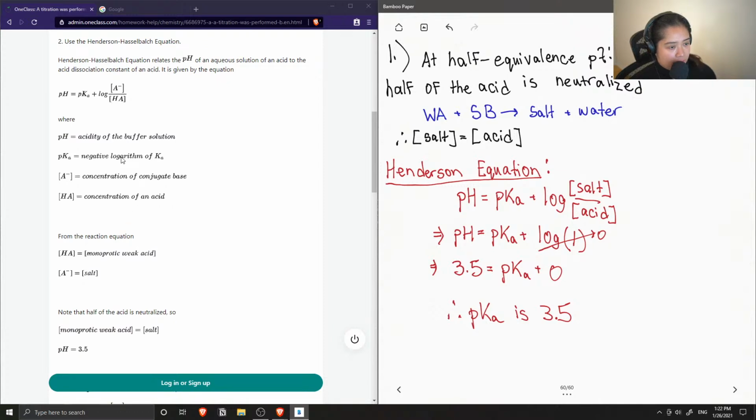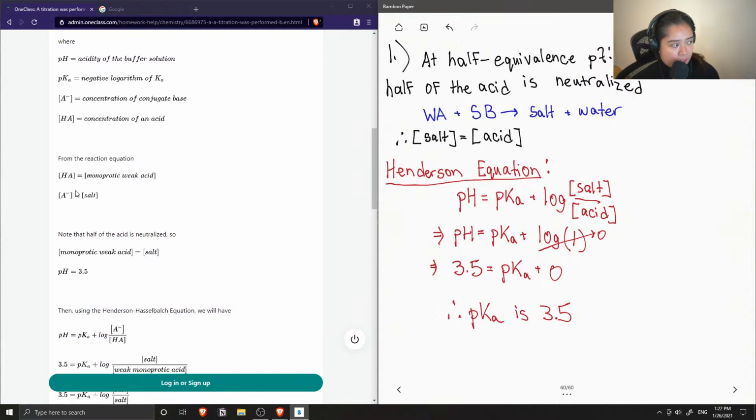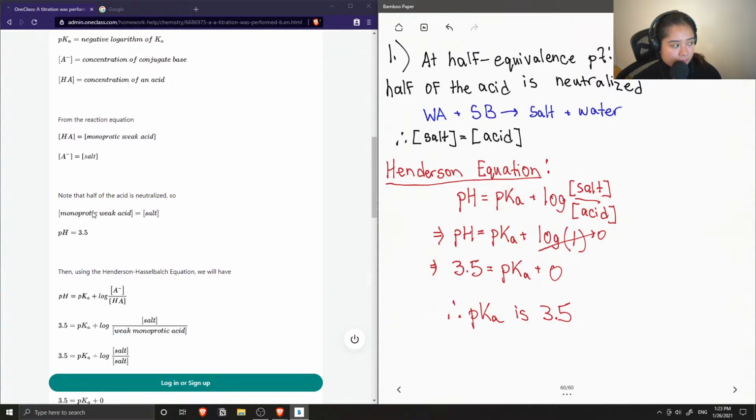So they just defined all the terms. And from the reaction, the concentration of an acid is equal to the concentration of our monoprotic weak acid, and the concentration of the conjugate base is equal to the salt.